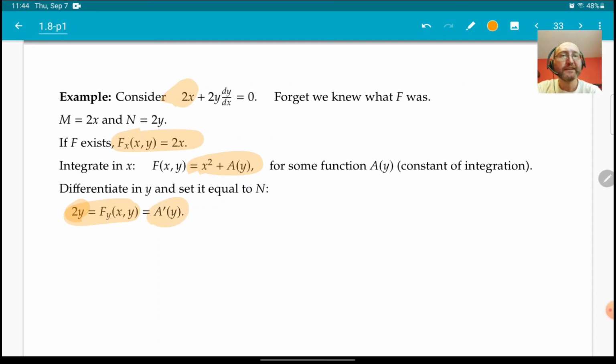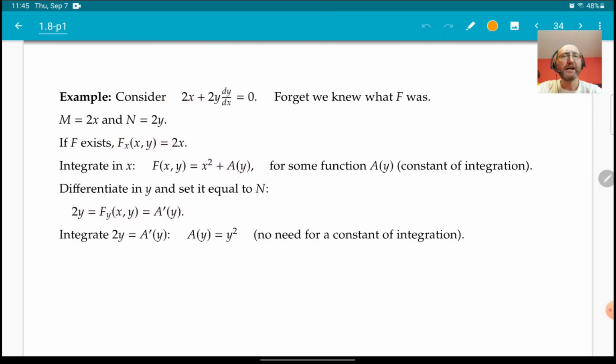So we just get a prime of y in this case, and that's supposed to be 2y, right? Well, so I can figure out what a is. I know that a prime of y is 2y, so I can take y squared. And you don't really need a constant of integration in this case. If you add it, that just means you're getting a different potential. It's basically just adding a constant to the potential, and we just said that that doesn't really matter, right? So you don't really need one.